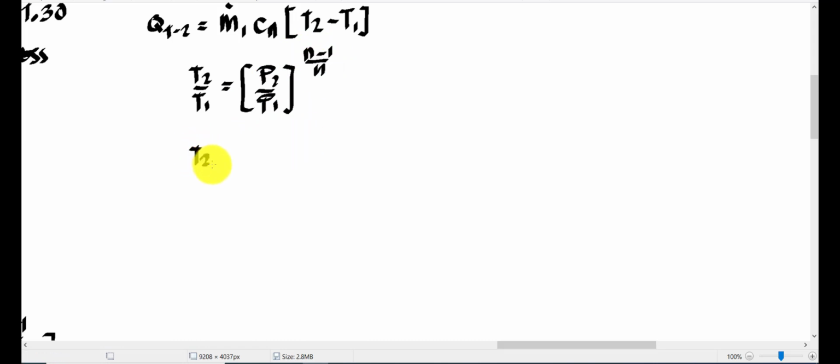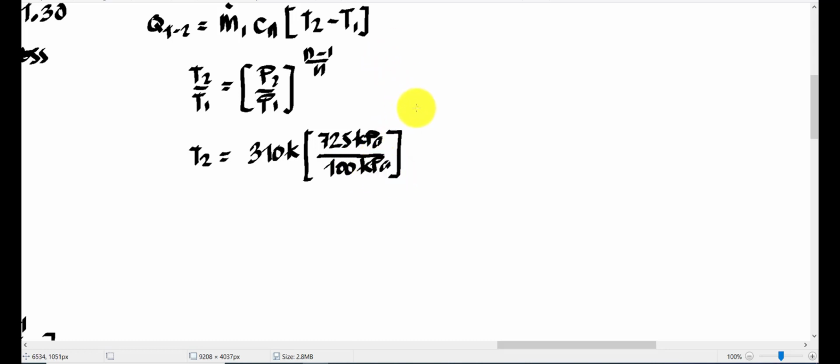Okay. Then we shall have T2, which is equal to T1. So that will be 310 Kelvin, then multiplied by the ratio of pressure. So we have 725 kPa divided by 100 kPa, then raised to the power of 1.3 minus 1 divided by 1.3.